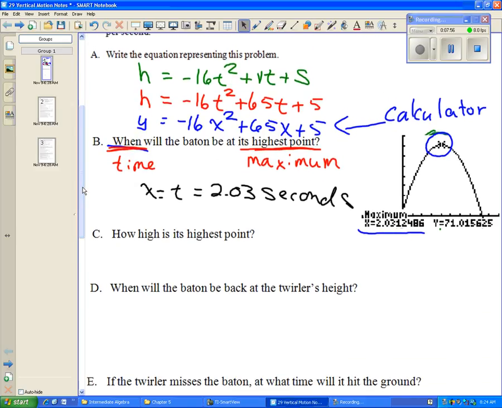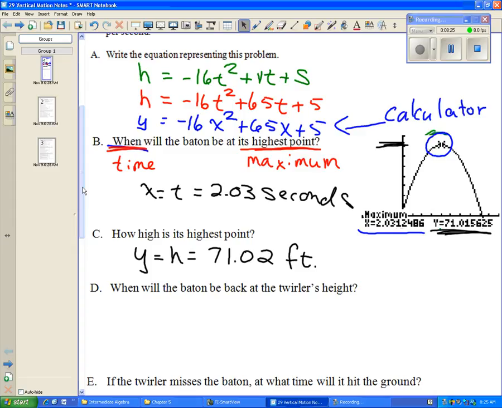How high is its highest point? There was a reason why I dragged this over here, because I also have my y. My y is height h, so my y is my height, and my height for this is 71.02 feet.